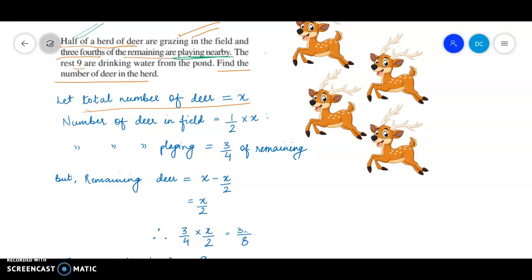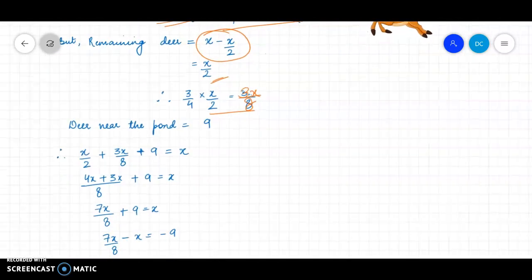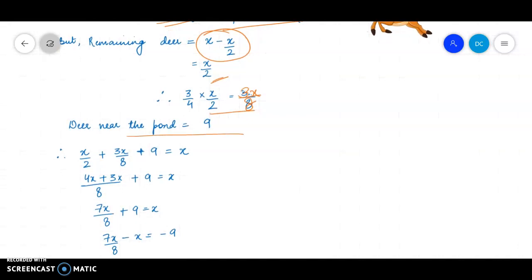Let us say the total number of deer was x, so out of it half was in the field. Okay, x by 2 is in the field, that means now playing is 3/4 of the remaining, and now we know that from the total we subtract this half, so I'll get this half, and 3/4 of this half will become 3x by 8. These many deer are nearby playing, and the number of deer near the pond is 9.